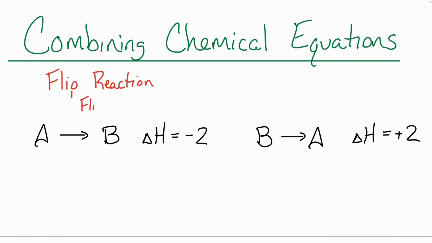All right, so flipping a chemical equation means that we multiply that delta H by negative 1.